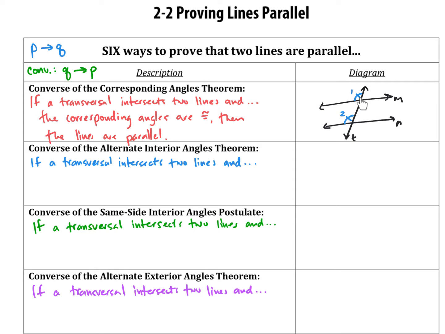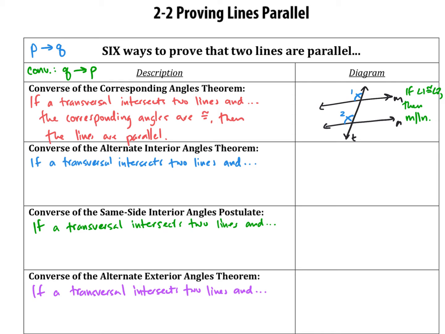They're both to the left of the transversal and then above one of the other two lines. Angle 1 is left of the transversal and above line M. Angle 2 is left of the transversal above line N. So when we see that, we would be able to say, hey, if angle 1 is congruent to angle 2, then line M is parallel to line N.